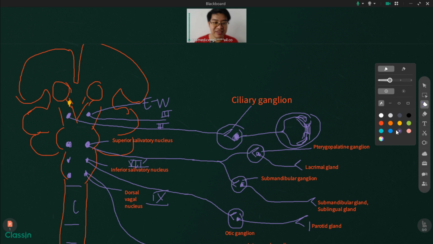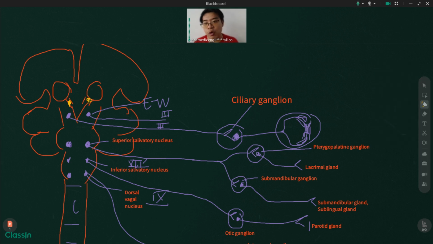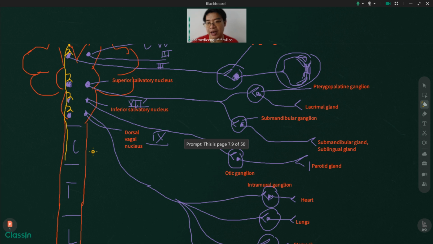And now lastly, remember, we still have to have the input from hypothalamic neurons up here. So from the hypothalamus, these neurons are going to go down on the sides of the brainstem and spinal cord. And as it goes to the third nerve nucleus, it gives out a branch to innervate it. When it goes to the superior salivatory nucleus, it gives out a branch to innervate it. As it goes to the inferior salivatory nucleus, it gives out another branch, and so on, right?